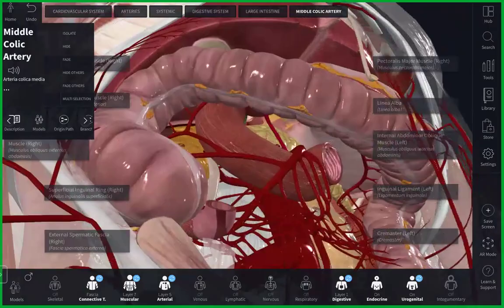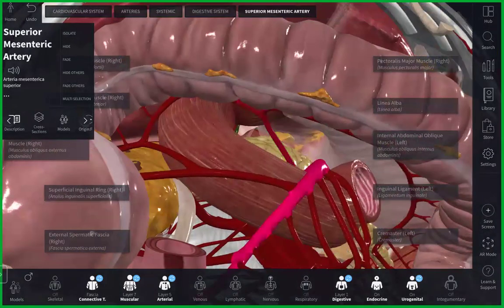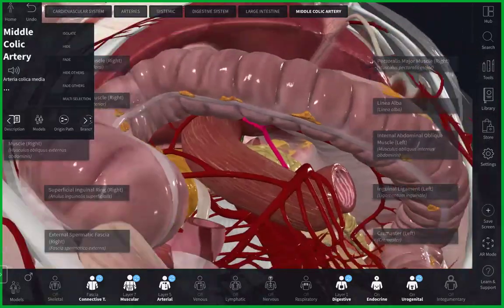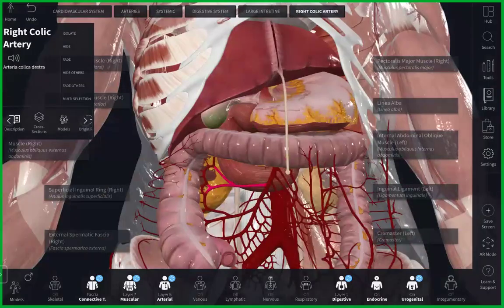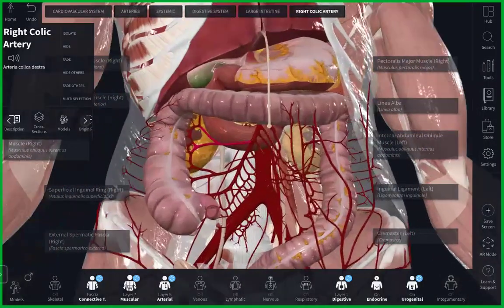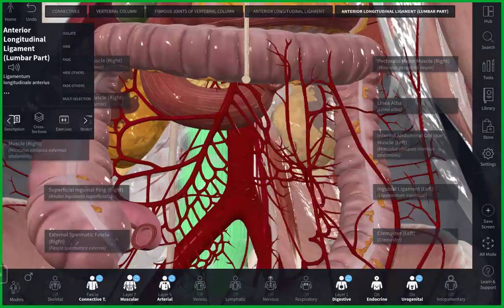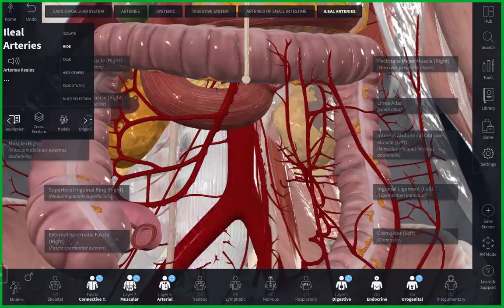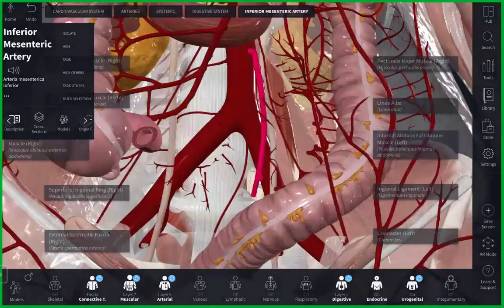We have all written in notes, but still we have to show so you can remember. So this is the superior mesenteric artery. Remember ileocolic artery, right colic artery, then middle colic artery. Now, then we have inferior mesenteric artery at our vertebral level L3. This inferior mesenteric artery, we need to add the branches.